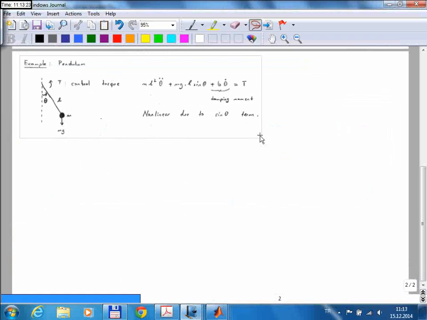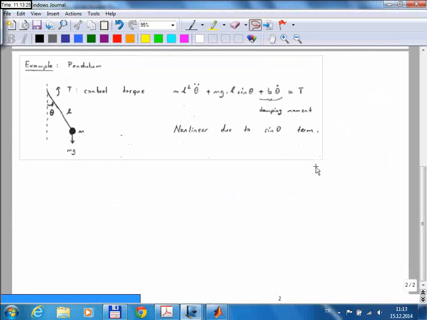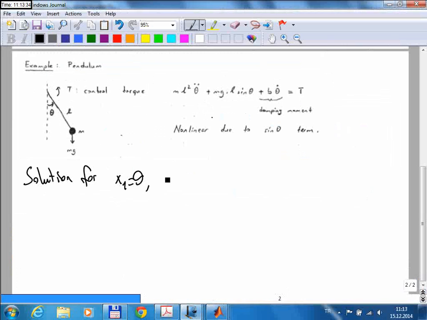This is our example. Solution for x1 equal to theta and x2 equal to theta dot is in the PDF file.